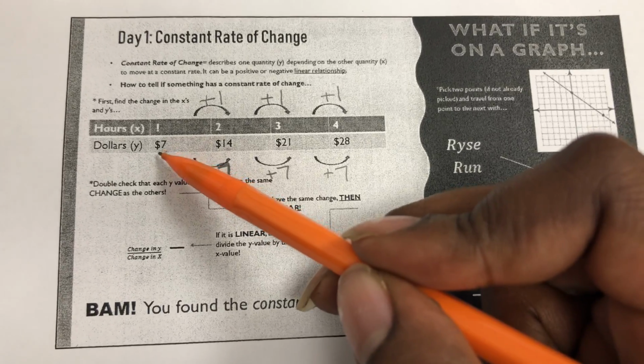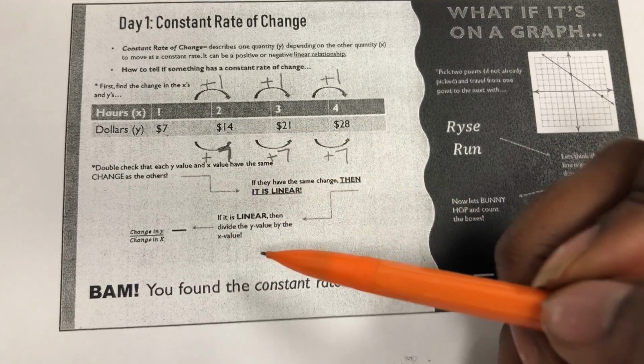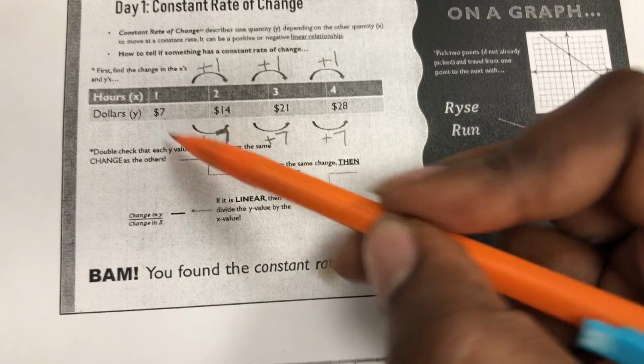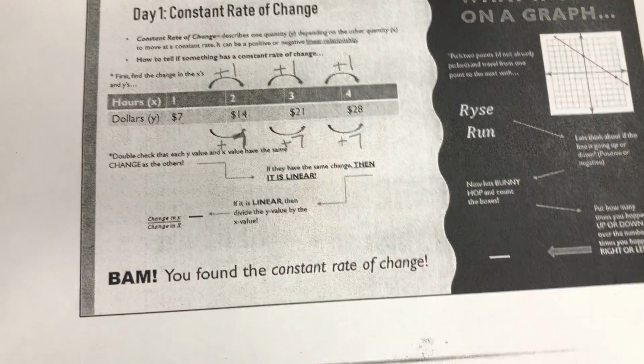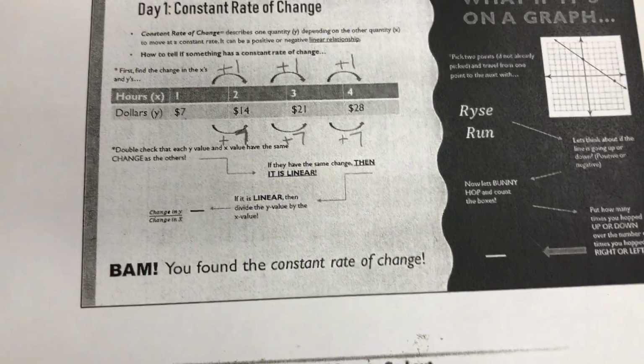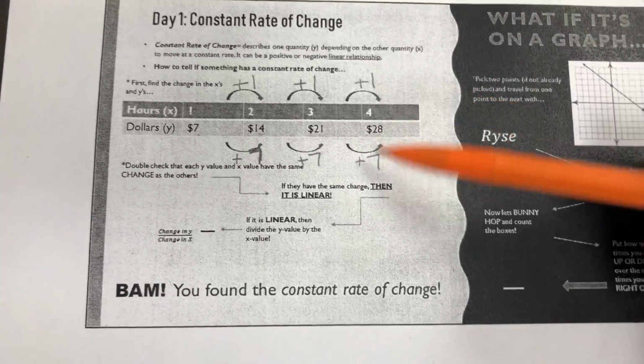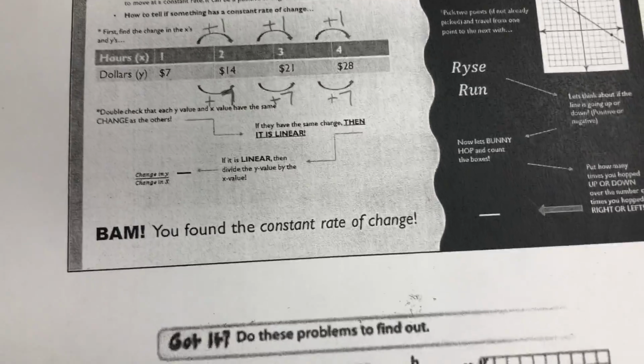Now, what if they said, what did you do to go from 7 to 21? Then that would just be adding 14. So whenever you go to divide that and get your constant rate, it would really just come down to basically this stuff.